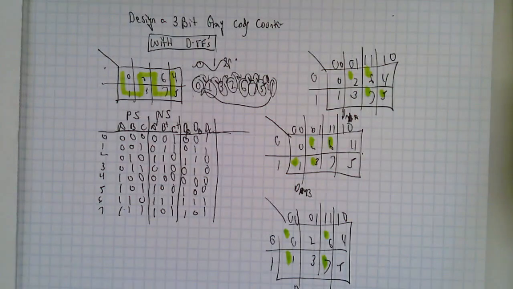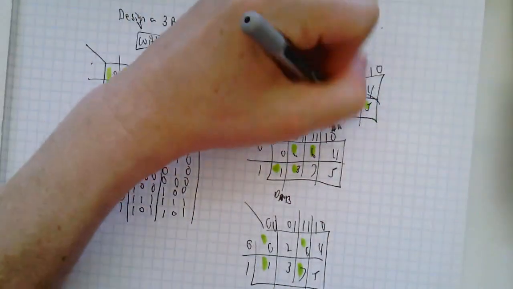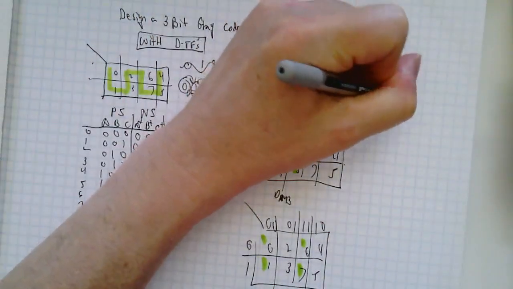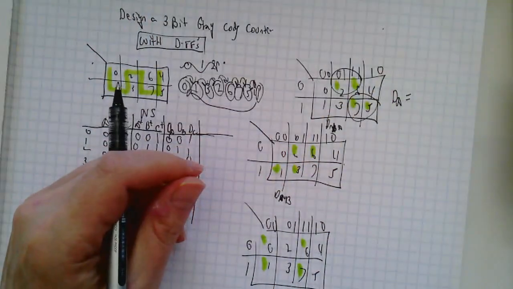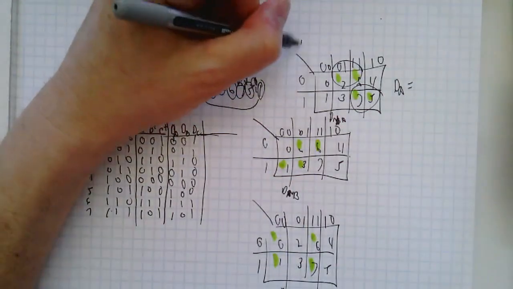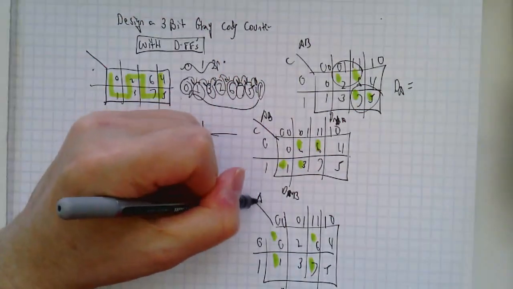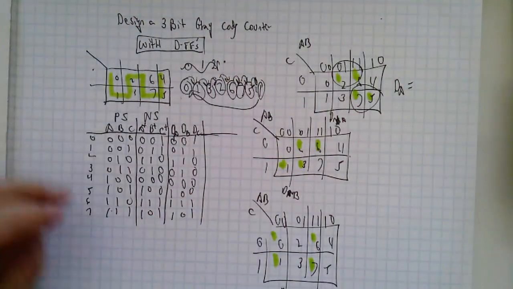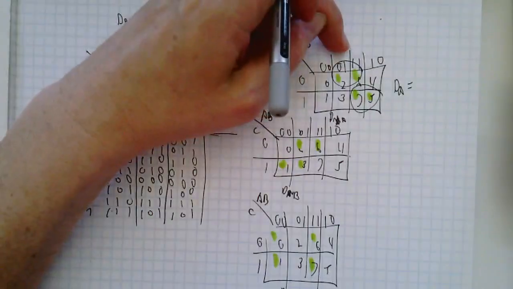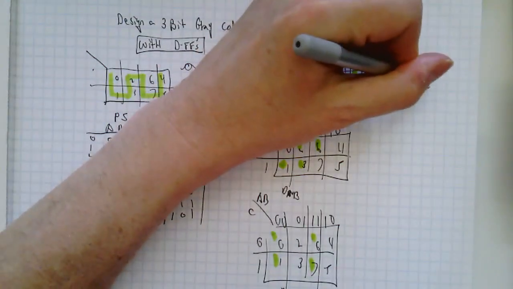So now all I have to do is loop. I loop here and write that D sub A is equal to, oh, I forgot to label my K-maps. This is terrible. See? There. So then this is going to be BC prime, and that's going to be AC.